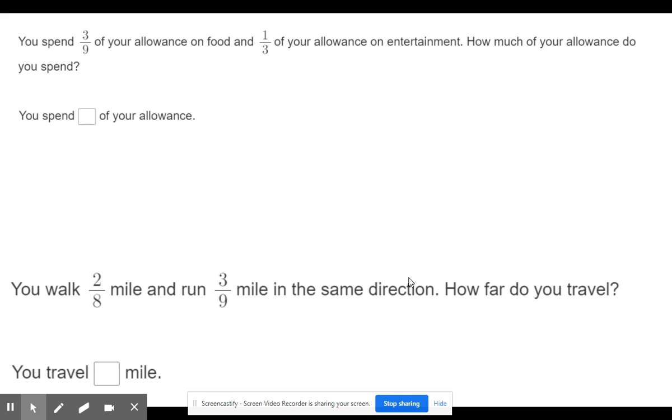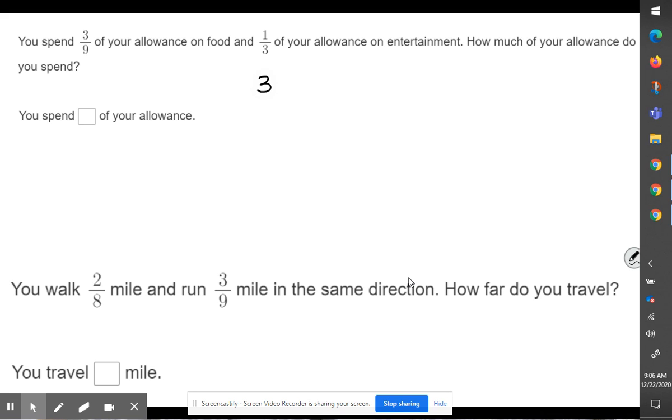So we're going to take 3/9 plus 1/3. Okay, and you're going to write that question in the first box. Okay, and you don't have to hurry up and solve it now. I just want you to write your question in the first box. And it should look like this.